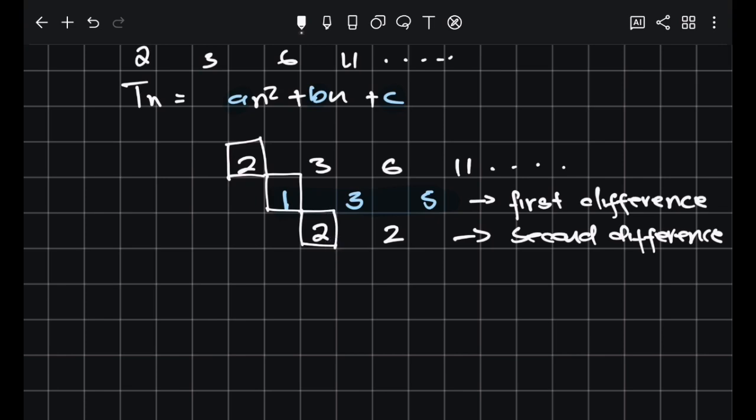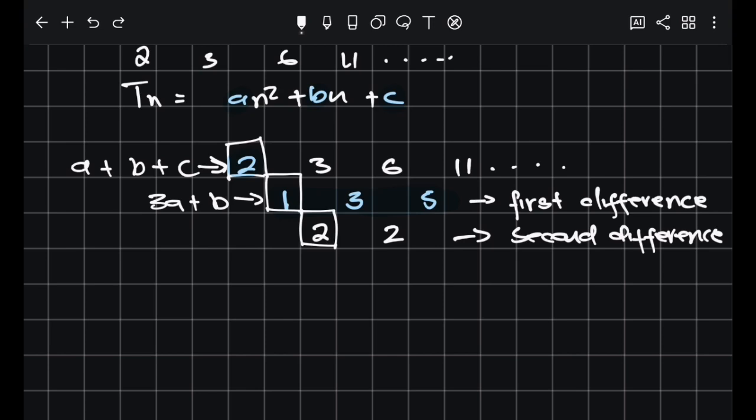The first term in the quadratic sequence is equated to A plus B plus C. And this one here is equated to 3A plus B. So 3A plus B is equal to this number, and only this number, the first number only.